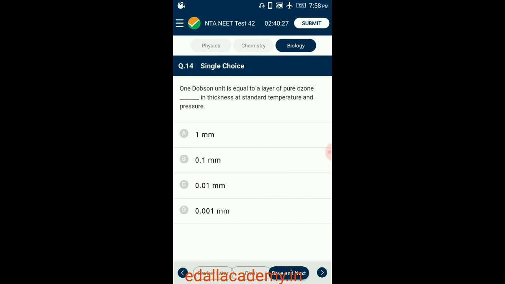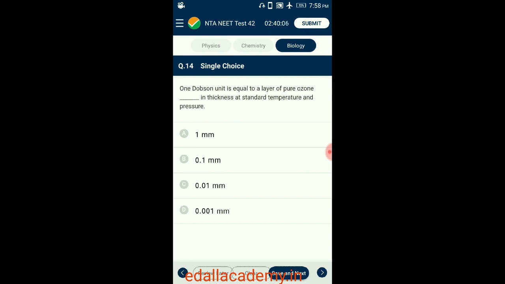Question number 14. 1 Dobson unit is equal to the layer of pure ozone dash in thickness at standard temperature and pressure. The thickness of ozone in a column of air from the ground to the top of the atmosphere is measured in terms of Dobson units.